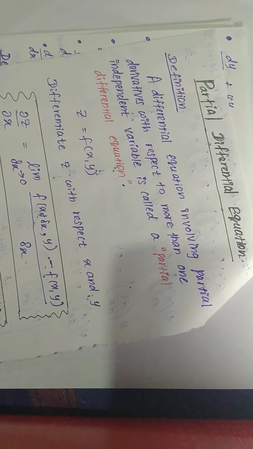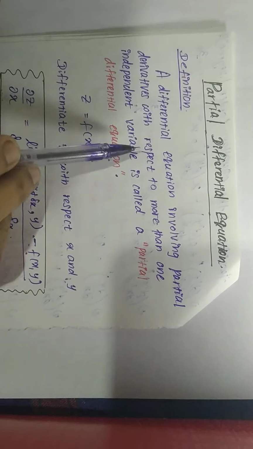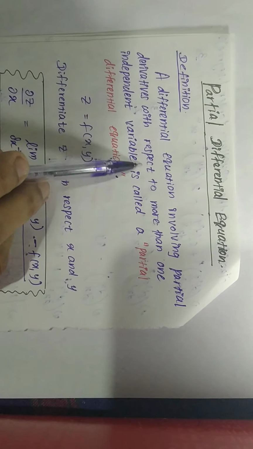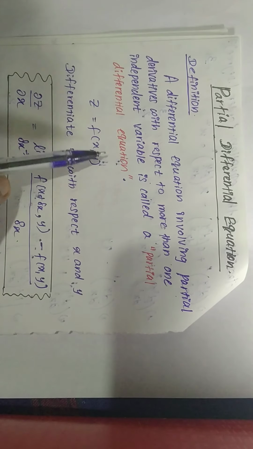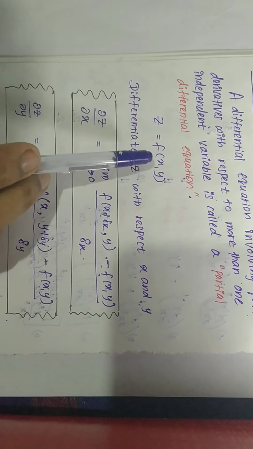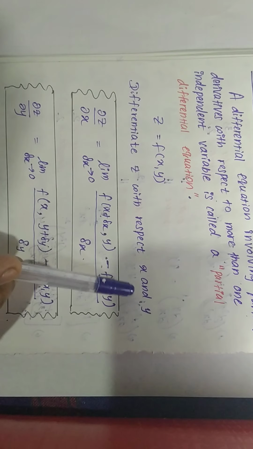Then let us consider the definition of partial differential equations. A differential equation involving partial derivatives with respect to more than one independent variable is called a partial differential equation. Z equals a function of x, y. Differentiate z with respect to x and y.